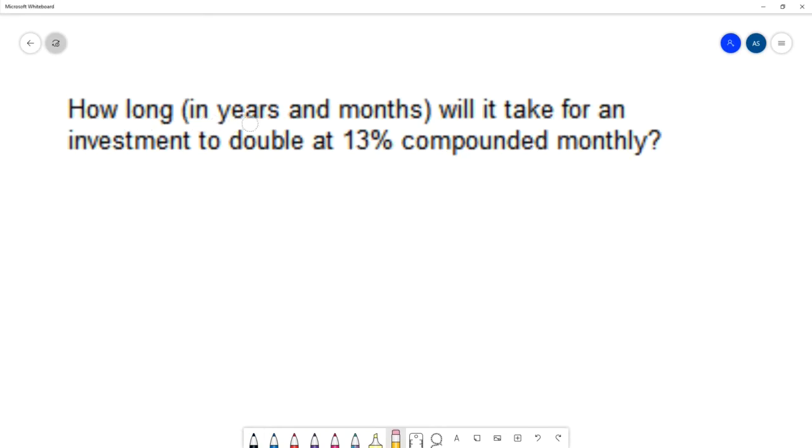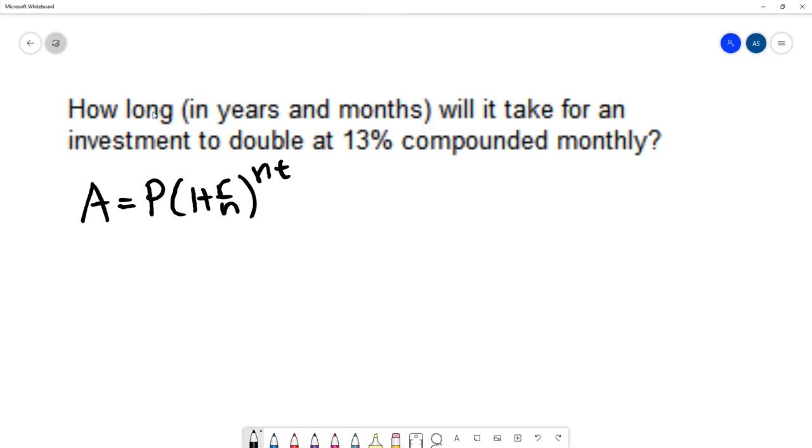How long in years and months will it take for an investment to double at 13% compounded monthly? Our interest is compounded monthly. That indicates what formula we're going to be using. We're going to use the formula A equals P times 1 plus R over N to the NT. This is our periodic compound interest formula.